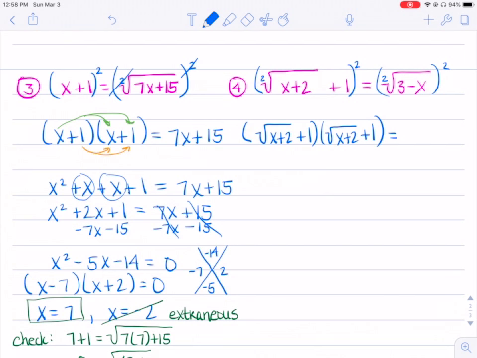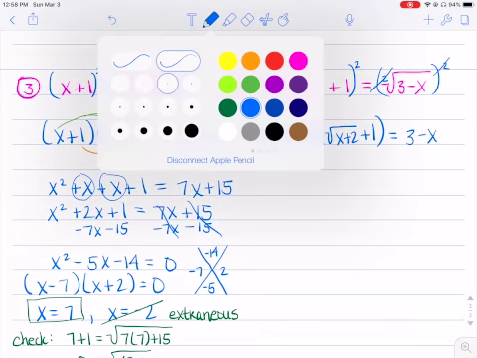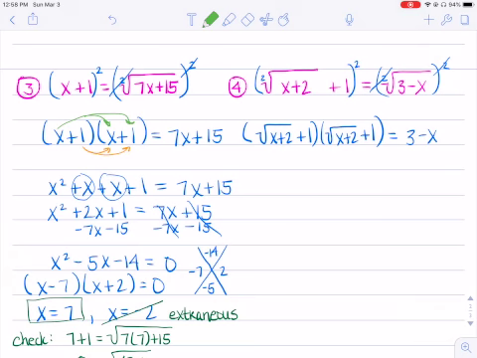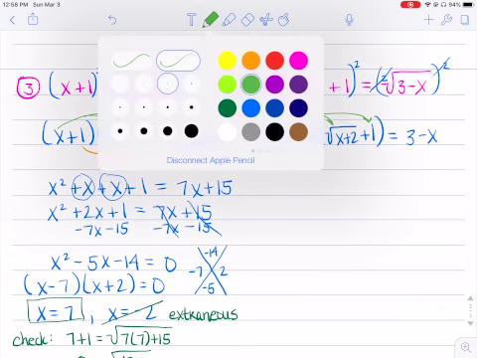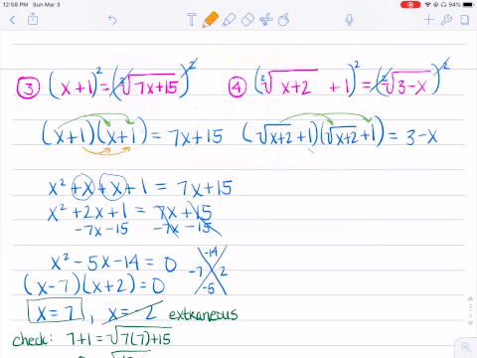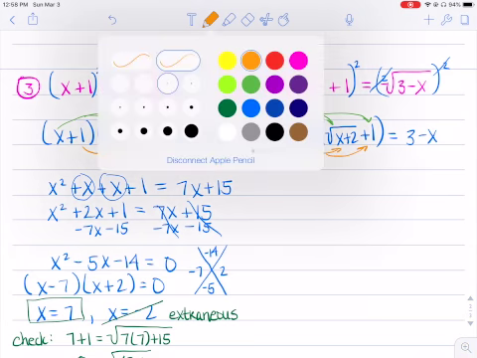On this side, our squared and our square root cancel, and we just have 3 minus x. So I'm not going to deal with that side for a moment. I'm going to deal just with the left side and clean it up. So I'm going to distribute, or you could also use your box method if you like that, the method that was shown on Delta Math when we were practicing that.